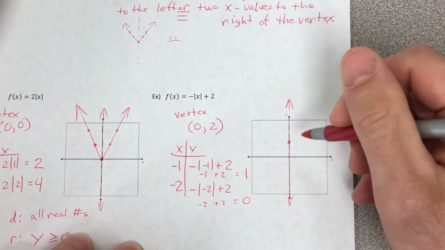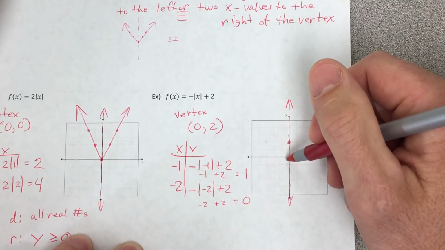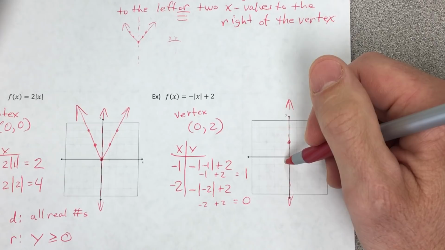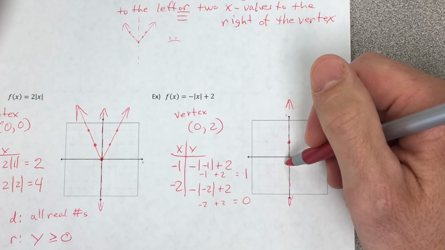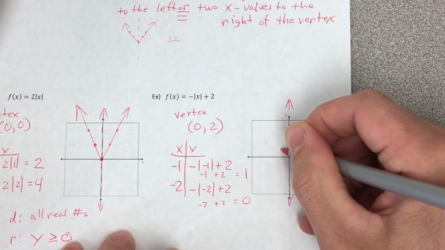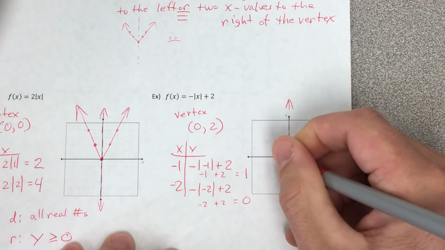Plot those points. -1, 1. Sorry, I paused there for a second. Negative 1, 1. Negative 2, 0.